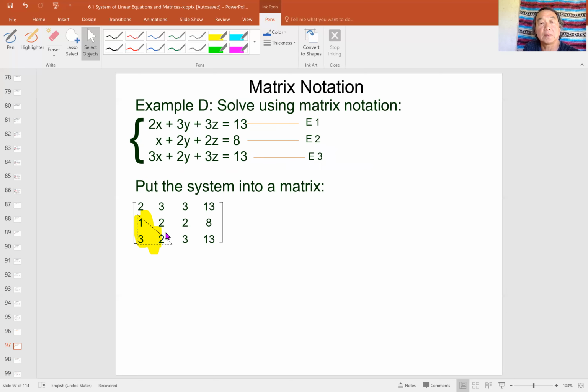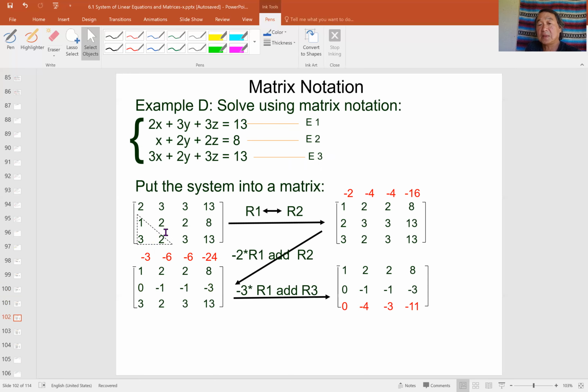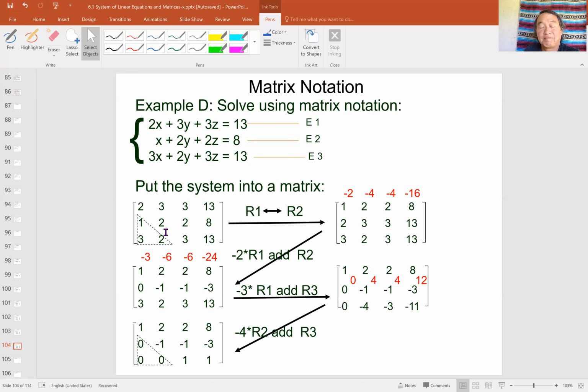I put the equations into a matrix, and the shaded yellow part at the bottom is the part I want to get to 0. So I do various steps, swap rows, add a multiple of a row to the second row to get zeros at the beginning of the second row. Then I keep getting more zeros, adding rows to other rows, and voila, I'm at that stage.